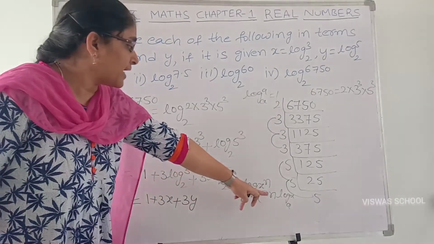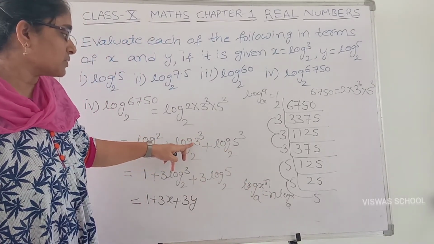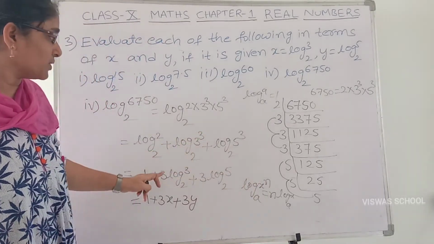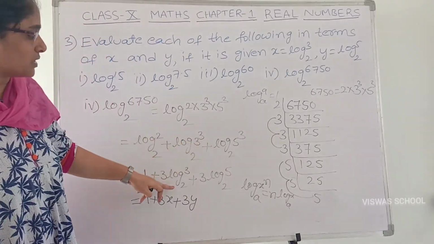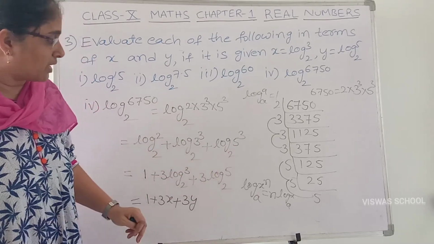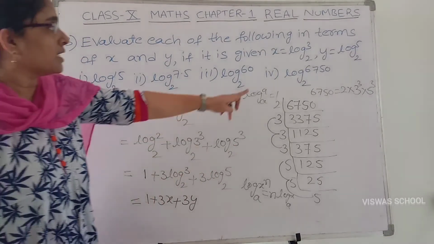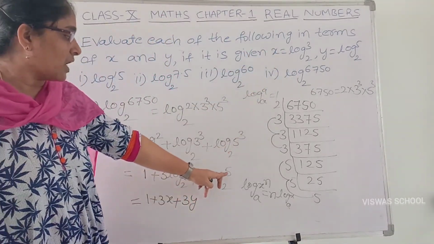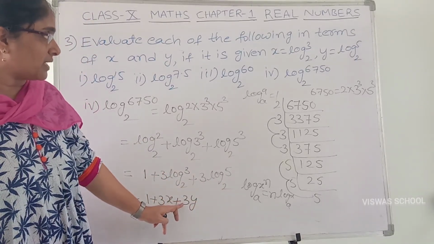Here n value is 3, x value is also 3 and a value is 2, that is 3 into log 3 to the base 2. In the same way here also 3 into log 5 to the base 2. Now it is equals to 1 plus 3 into log 3 base 2, whose value is x, that is 3 into x, plus log 5 to the base 2 value is y, that is 1 plus 3x plus 3y.